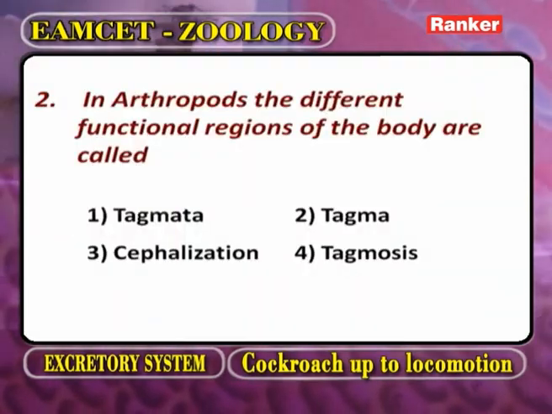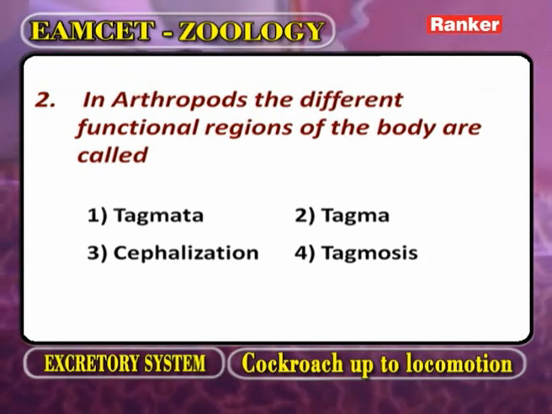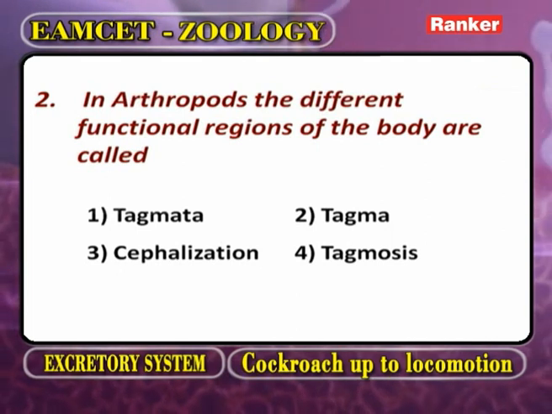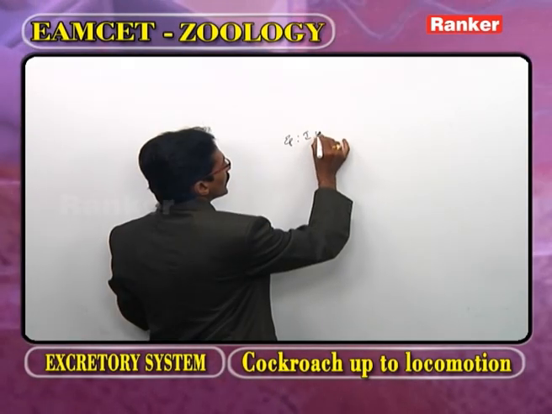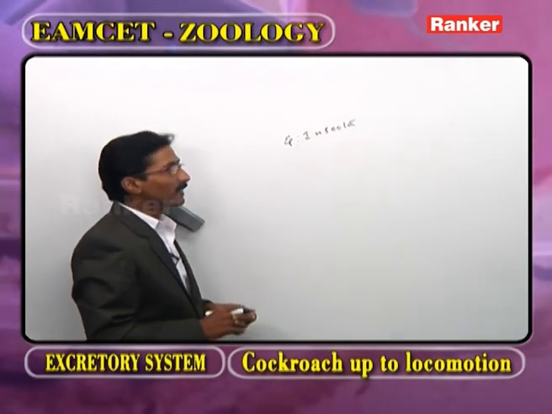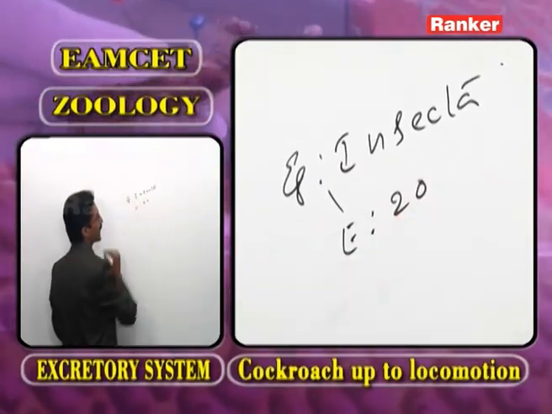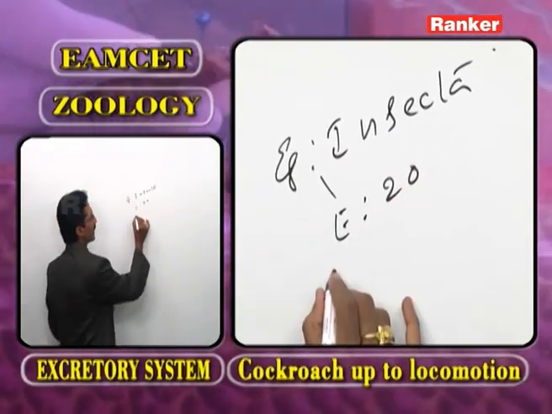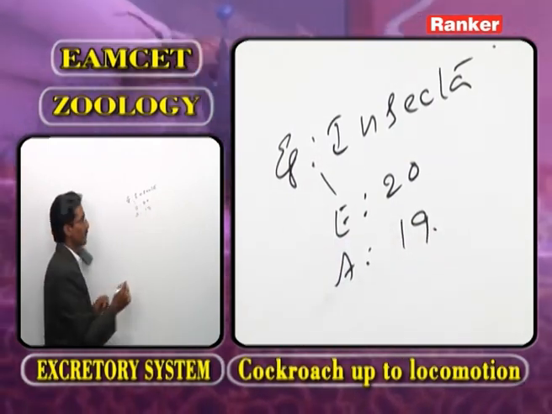In Arthropoda, the different functional regions of the body are called what? Now, as we observe, one example is Insecta. As we observe the body of an insect, in the embryonic stage, how many segments? 20 segments. In the adult stage, how many segments? 19 segments.